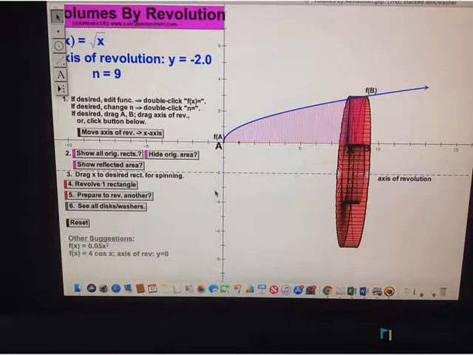And here it's completed the full revolution, and you can see that what we get is a washer. And of course you can see that this is the part that we're missing, which would be a disk if we weren't missing any part of it.